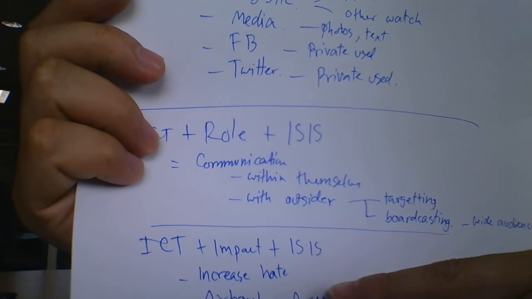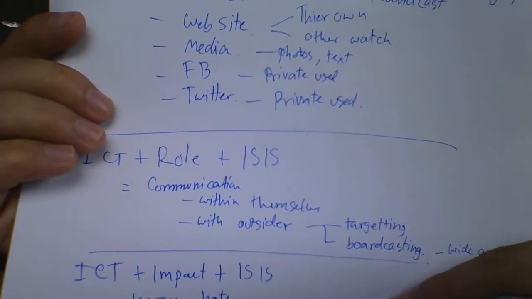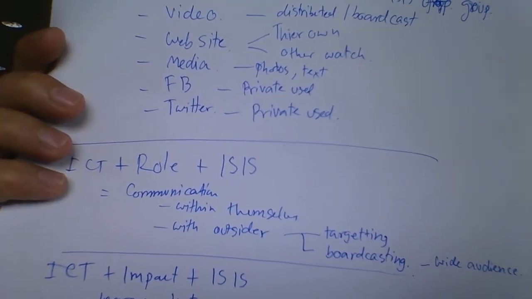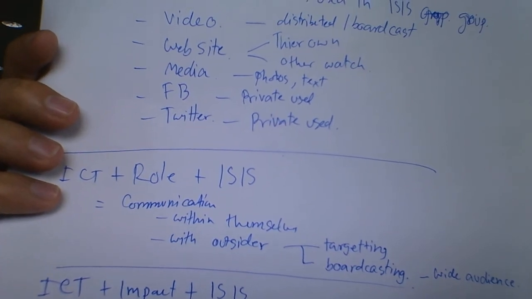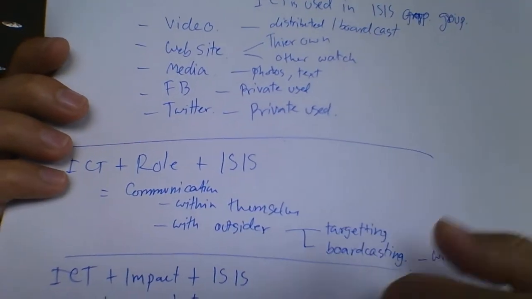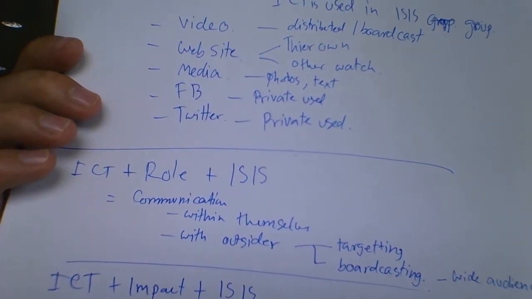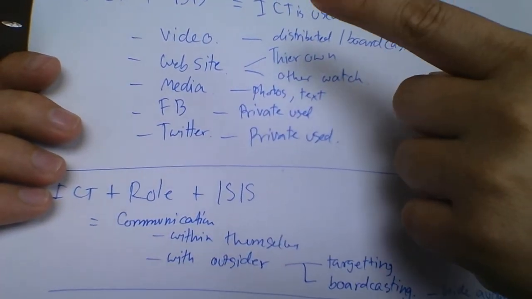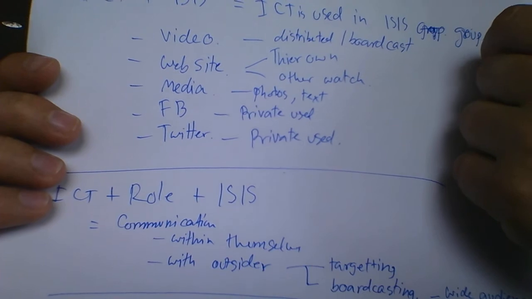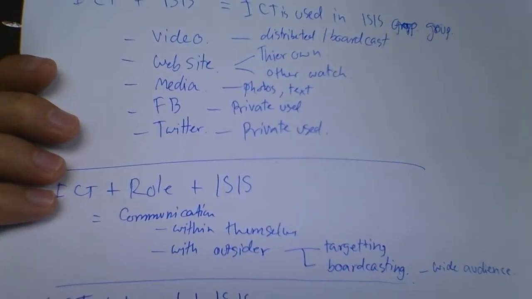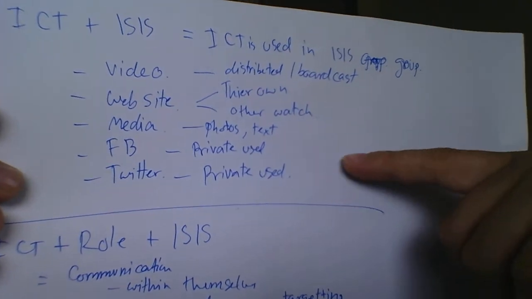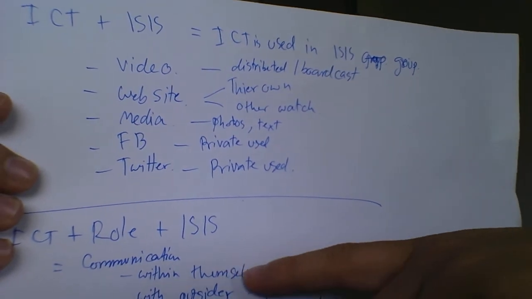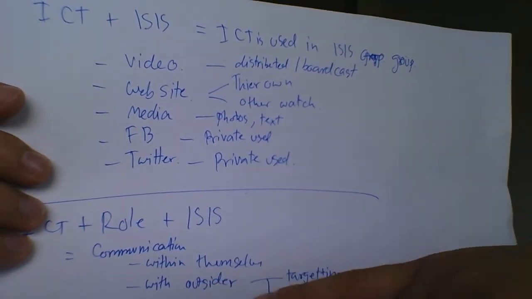The group gets affected by the media, by ICT, because the information they broadcast is easy to access. Information is easy to access, and they broadcast those videos of hate, of cutting off people. Maybe we can say it like this.